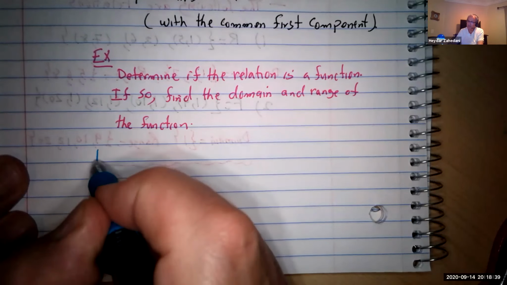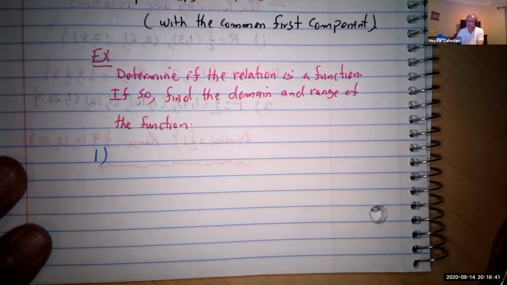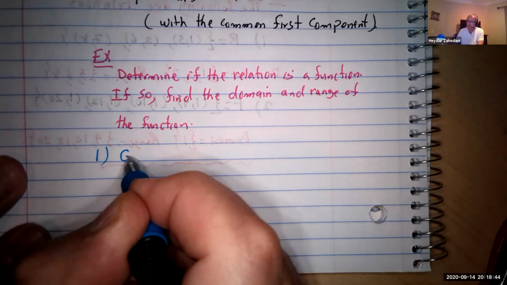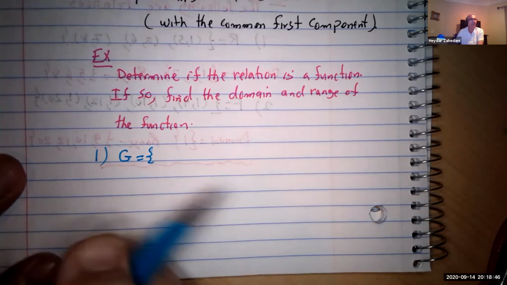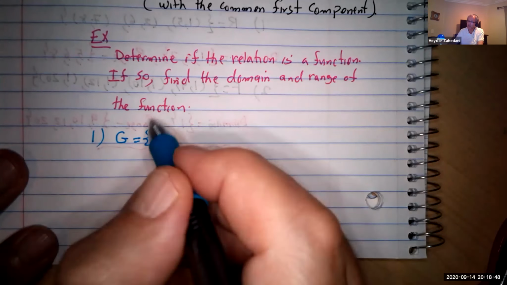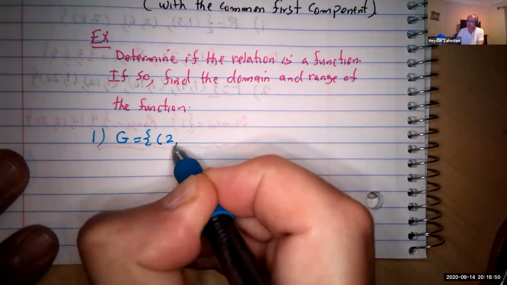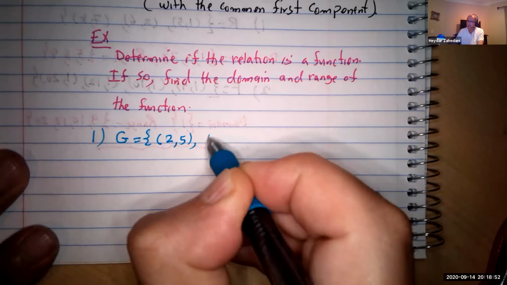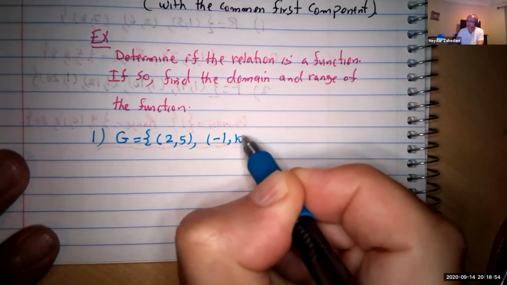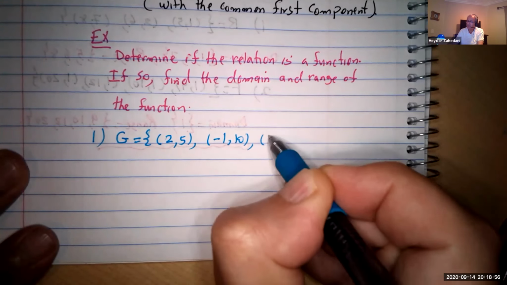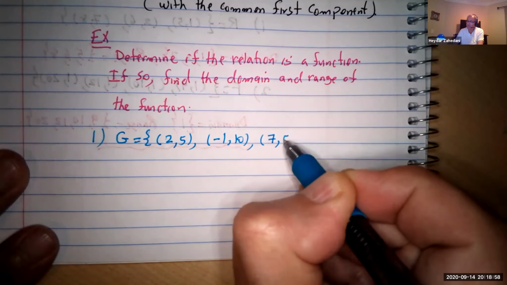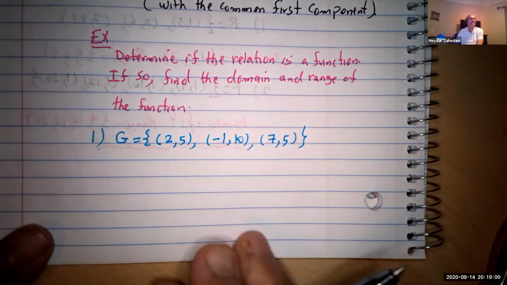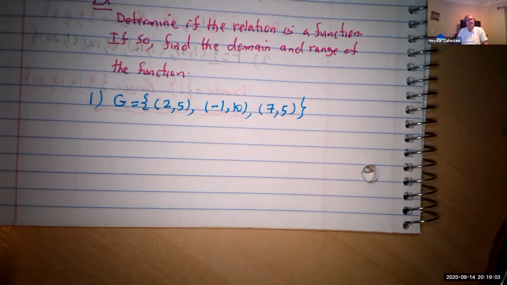First case, I'm going to call it G. The name is not important. Look at this one. We have (2, 5), (-1, 10), and (7, 5). We want to know if this is a function.